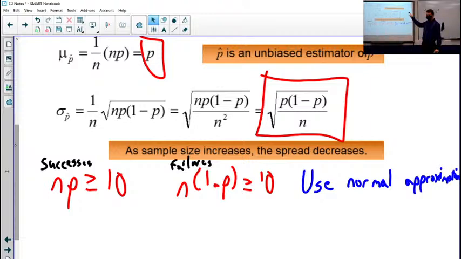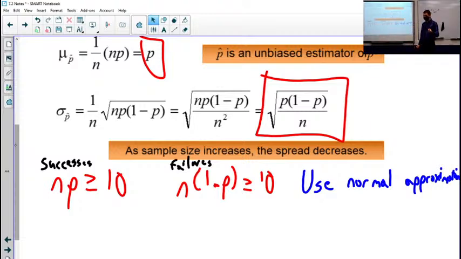So in the example that we did with the candies, our expected number of successes was how many? Out of the 25, we expected how many of them to be orange? We expected 10 of them. How did we get that? We got 25 times 0.4. That's the n times p. And then that left 15 of them that we expected to not be orange. N times 1 minus p.